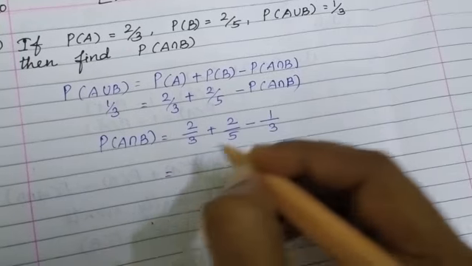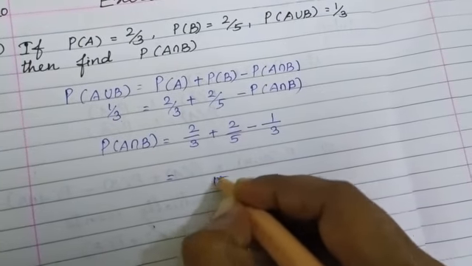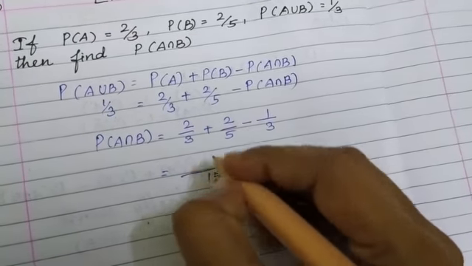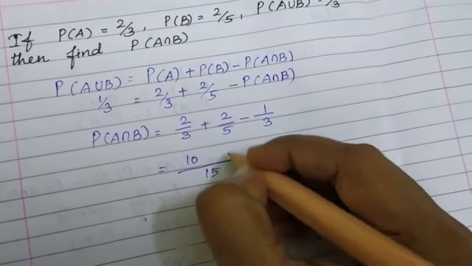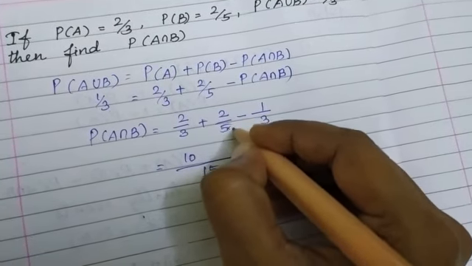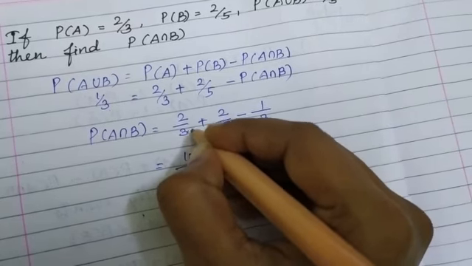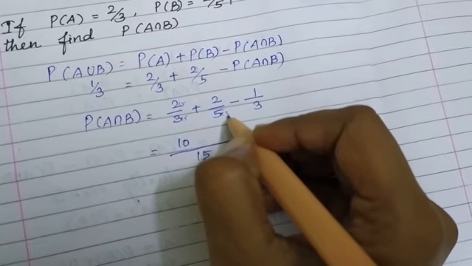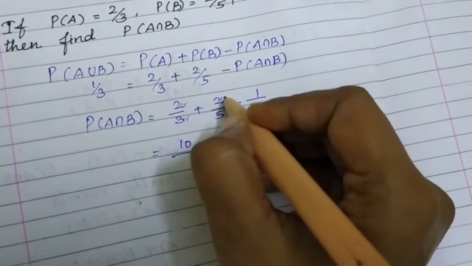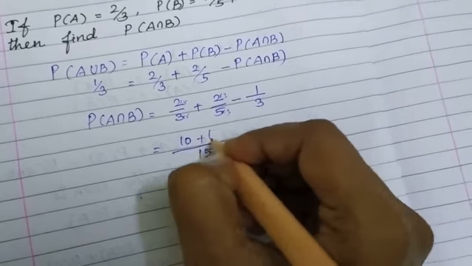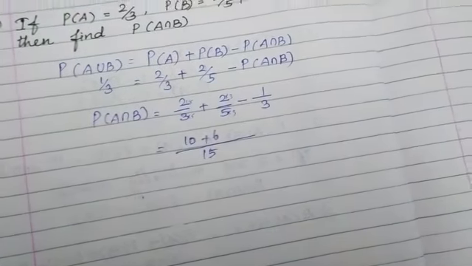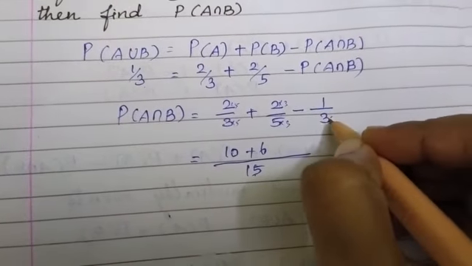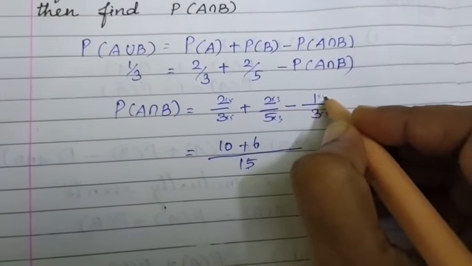Now I take LCM. So 15, 3 5s are 15. Here 3 5s are 15, so 2 5s are 10. Next 5 3s are 15, so we multiply by 3, and numerator also we multiply by 3. So 2 3s are 6. Next, 3 5s are 15, so numerator also multiply by 5.